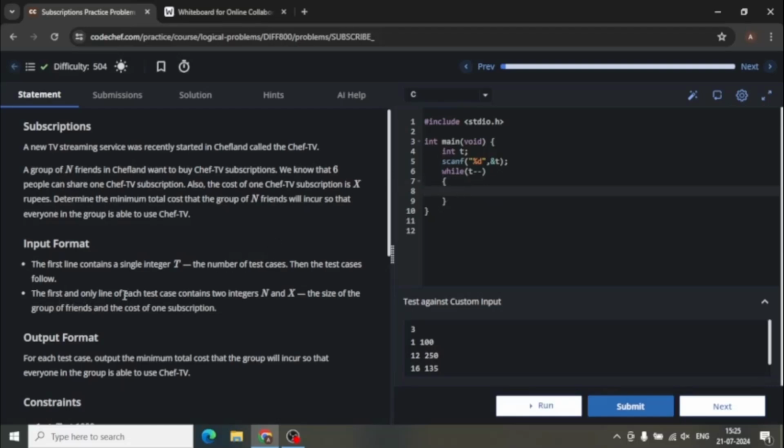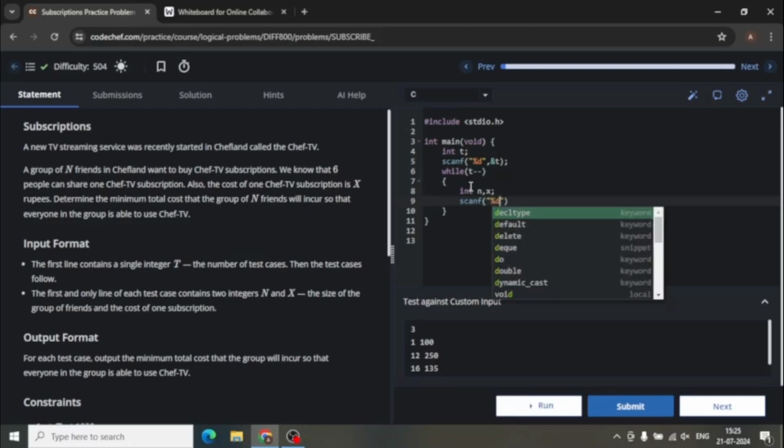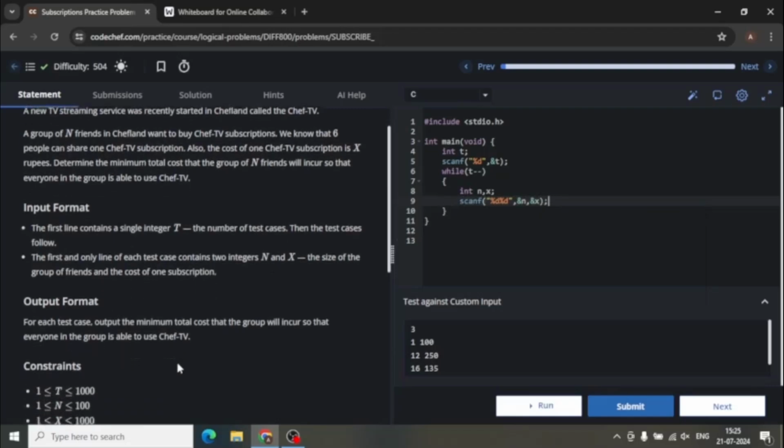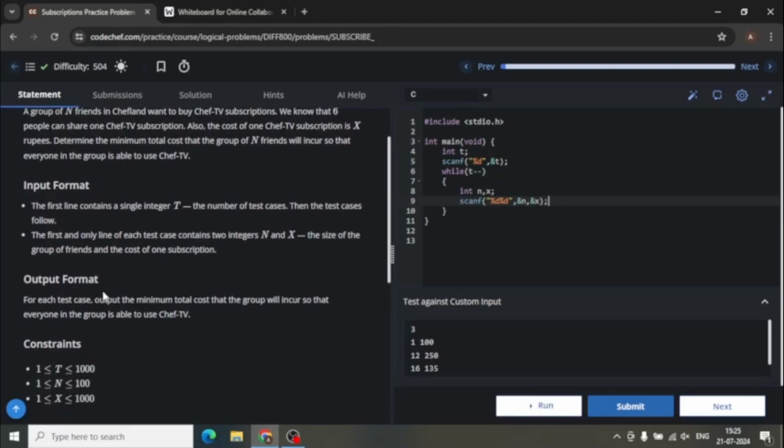Now, we have to declare and scan n, which is nothing but size of group of friends, and x, which is cost of one subscription. We have to print total cost as output.